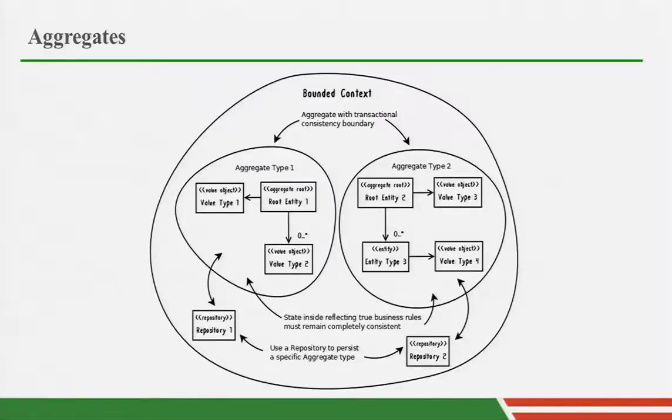Let's say that this aggregate is the order in NanoTrader, and this aggregate is the holding. And we may have another aggregate that's an account. So they're persistent things, and you have a globally unique identity associated with the aggregate root, which makes this entity type different from this entity type. So this is the order entity, and this is the holding entity. But within those, you can have a graph of other objects.